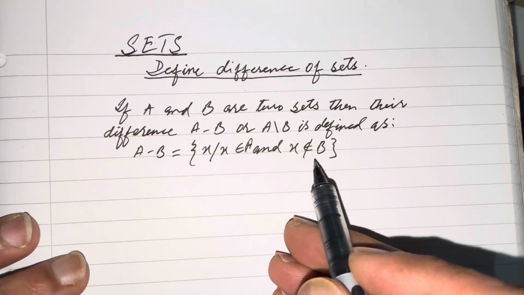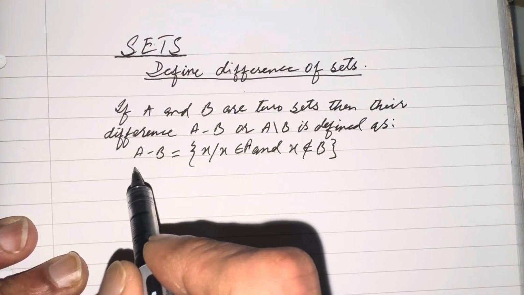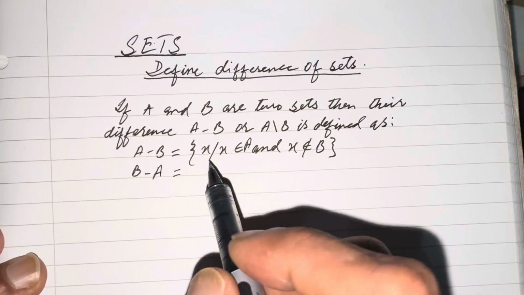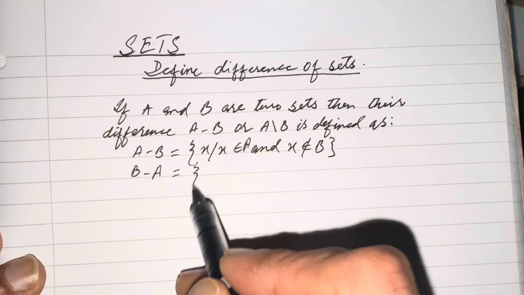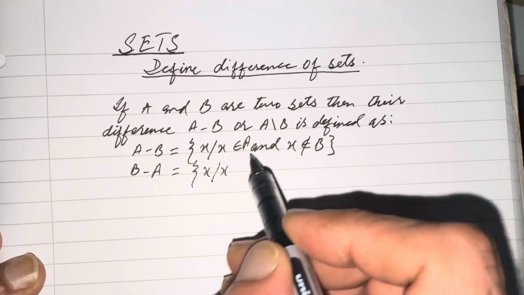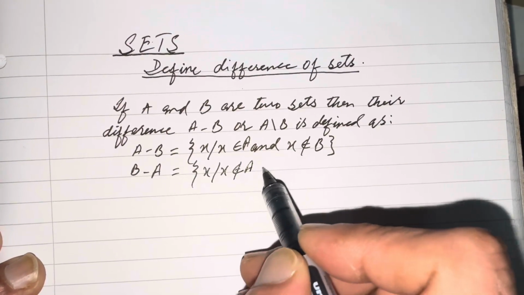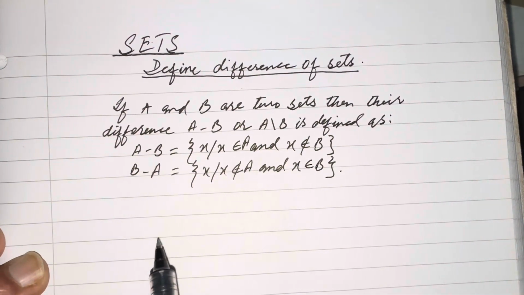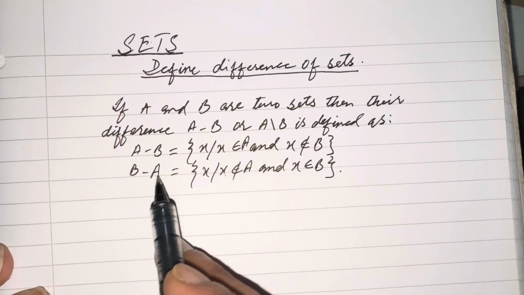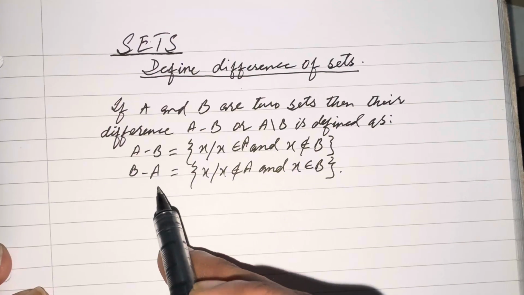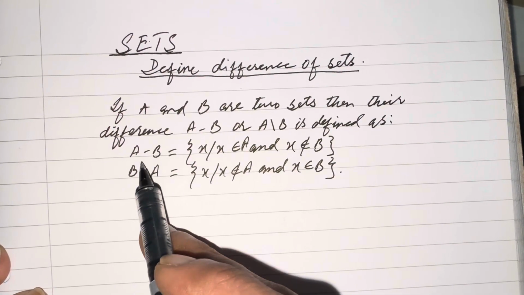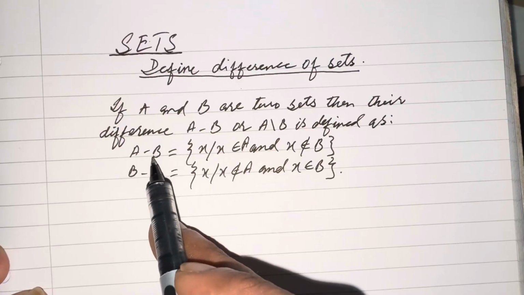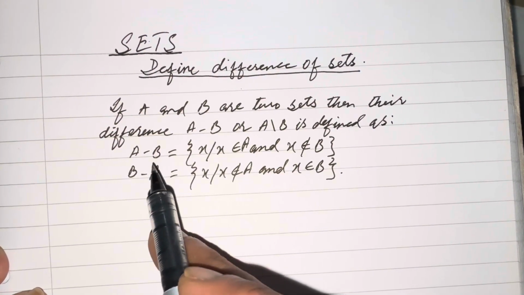And if we find the difference of these two sets like B minus A, this can be written as x, where x does not belong to A and x belongs to B. So we are taking an example to understand how we can find the difference of two sets, from first set minus second set, or the second set minus first set.